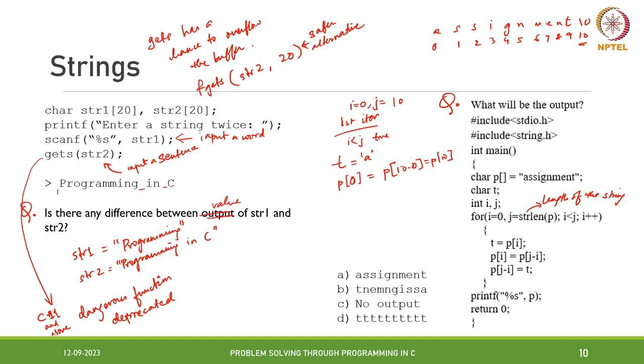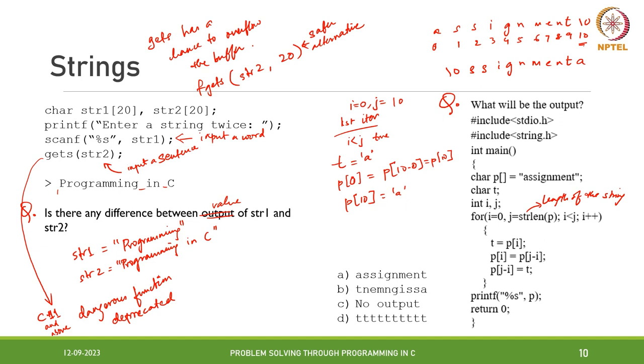Index 10 is the null character. So the null character is coming to the start, and p of j minus i equals t, so p of 10 equals t, which is a. The null character is coming to the first position, and then the rest is like this, with the a at the end. So this is how it becomes.